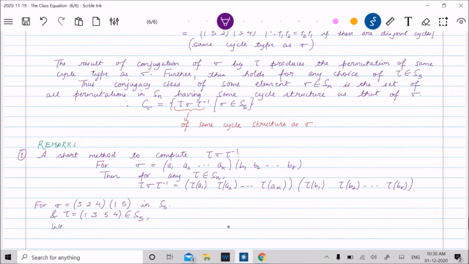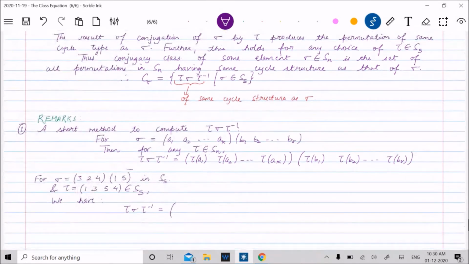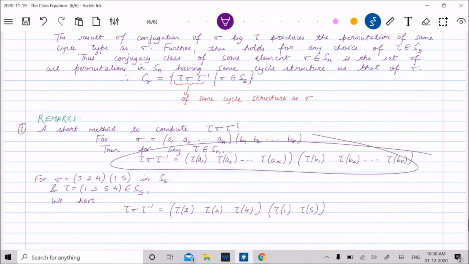By this shortcut method, if I compute sigma tau sigma inverse, then that should be just see this permutation, the elements inside these cycles, and we will write tau everywhere: tau 3, tau 2, tau 4, and then this one tau 1, tau 5. Is it clear to all of you? I have just used this formula.